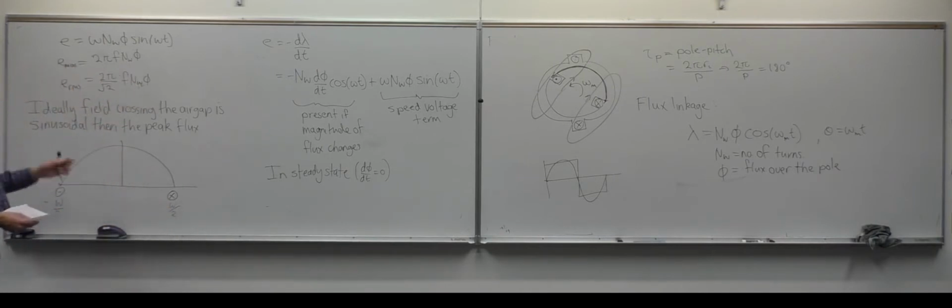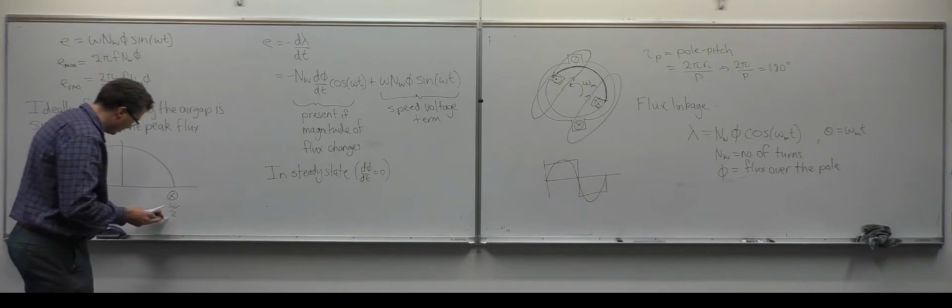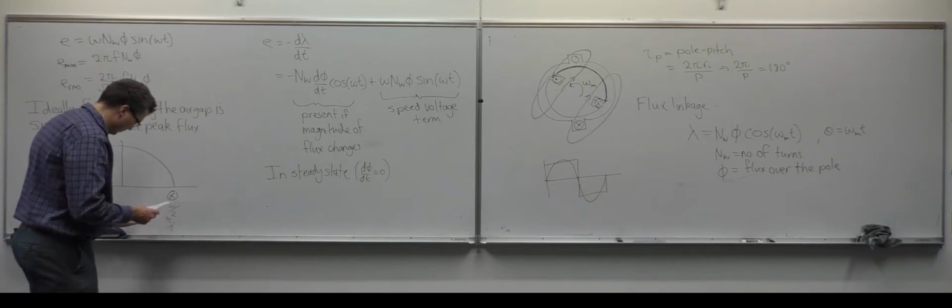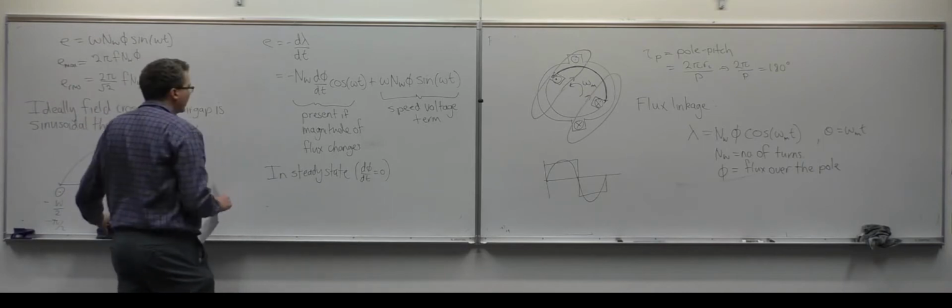And just like with the 6-slot design, in this simplified one we just have one coil. The pole pitch and the coil pitch coincide. So this is pi over 2, and this is pi over 2, minus and plus. Then we can evaluate the flux.